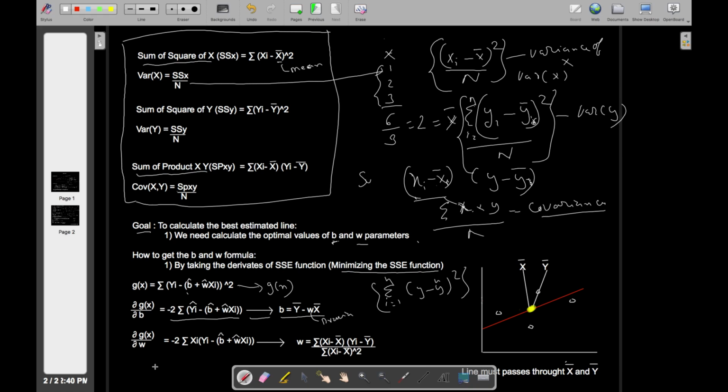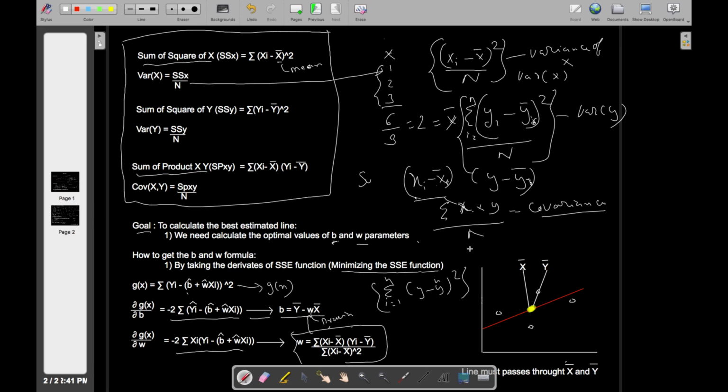And to calculate the value of w, we take the partial derivative of this function g with respect to w. You get this result, and once you get the w value, you plug it in here and you will get the new value of b, right? This is the OLS methodology to calculate the b and w values.